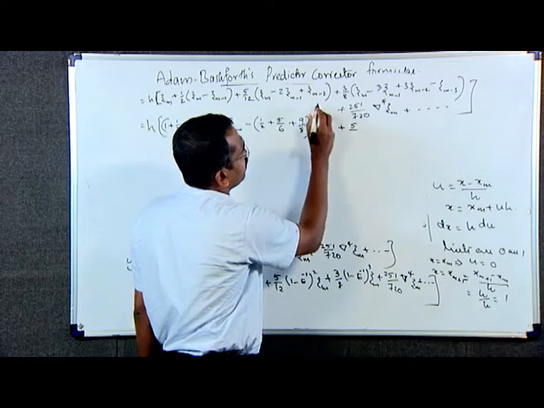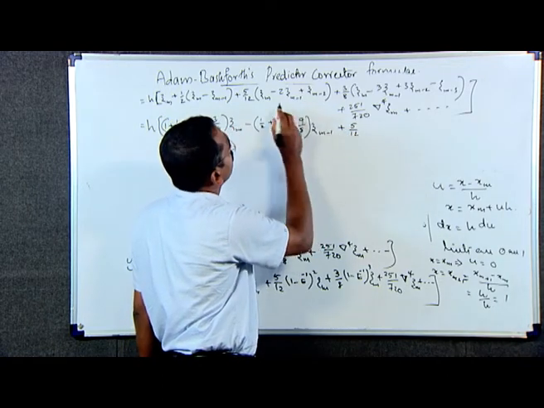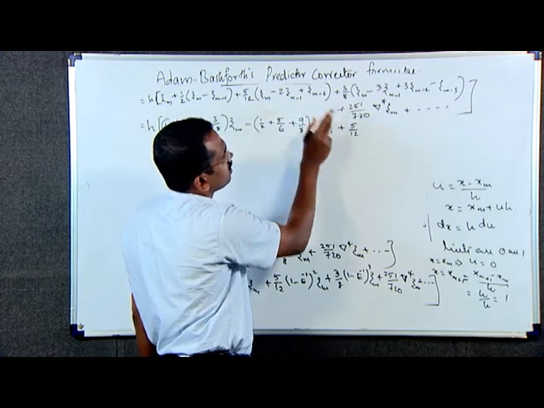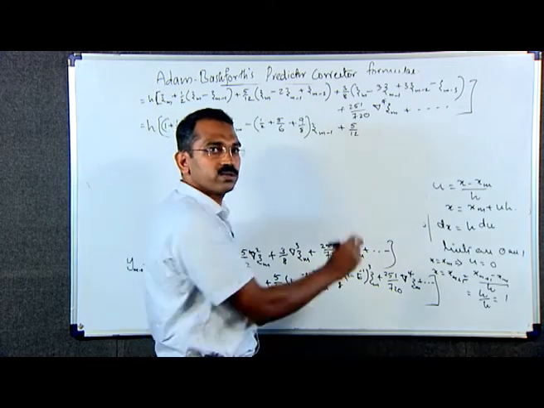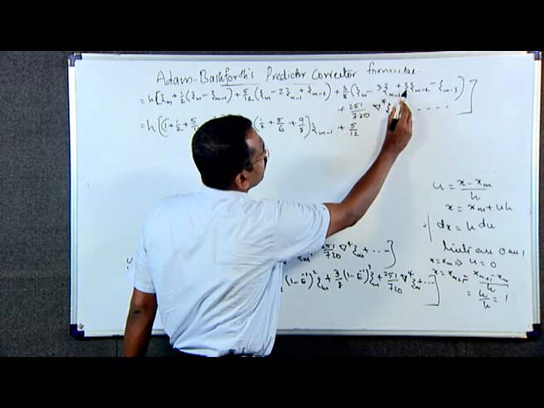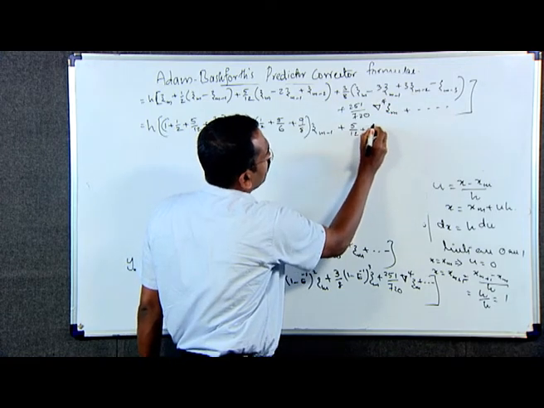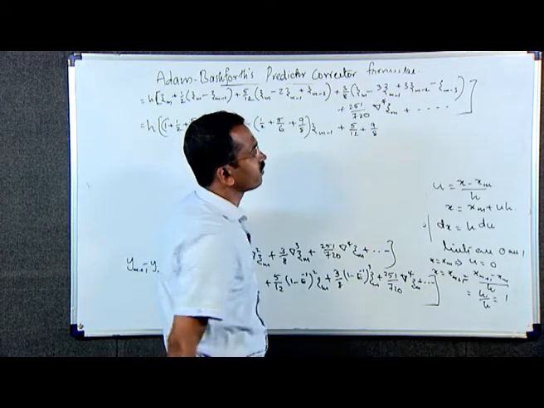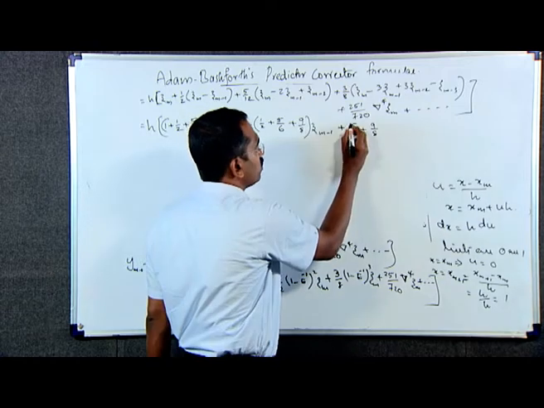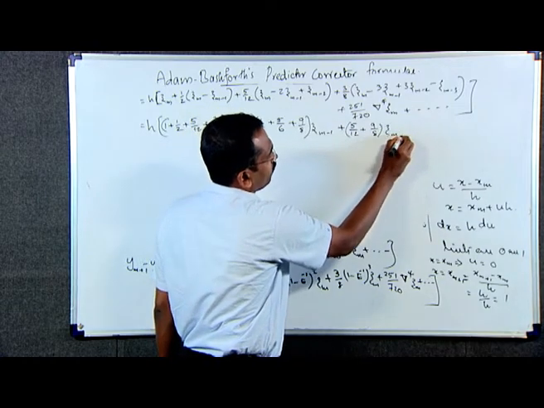Now we collect all the terms having Z_{m-2}. Therefore, in this term 5/12 Z_{m-2}, plus in this 3 into 3/8 means 9/8 Z_{m-2}, this into Z_{m-2}.